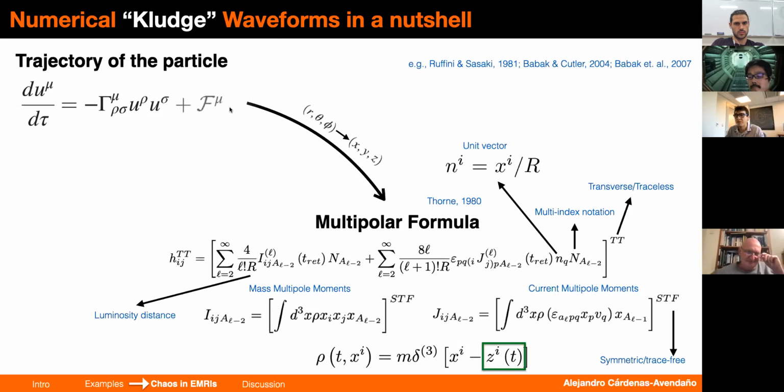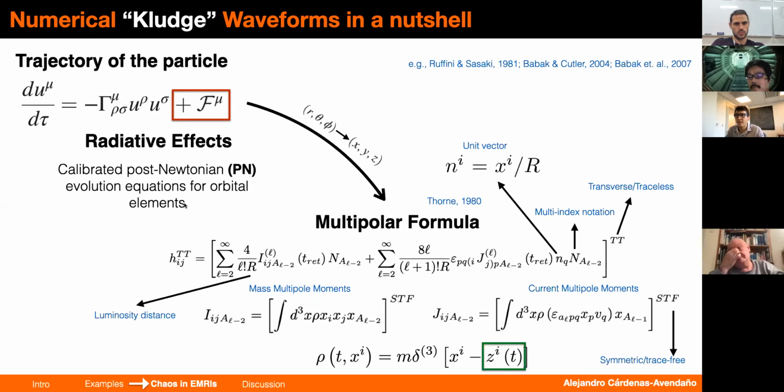So what people have done is adding this force, and they do these radiative effects by adding post-Newtonian terms to the evolution. You compute the post-Newtonian terms for the flux of energy and angular momentum. You put them here, you solve this equation, and then through this method, you compute the first mass multipole moment and the first current multipole moment, and get an approximate waveform for the solution. But this one indeed has an in-spiral.